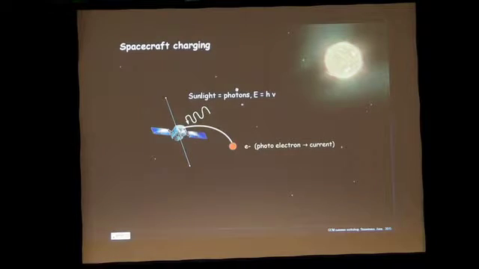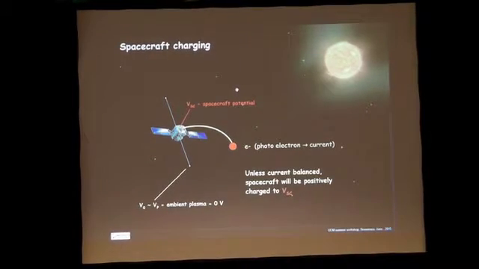And this energy can kick out surface electrons, photoemission from the surface of the spacecraft. So you have a current of electrons going away from the spacecraft. Unless you can balance this current, you will eventually charge your spacecraft. The spacecraft will attain a positive potential.